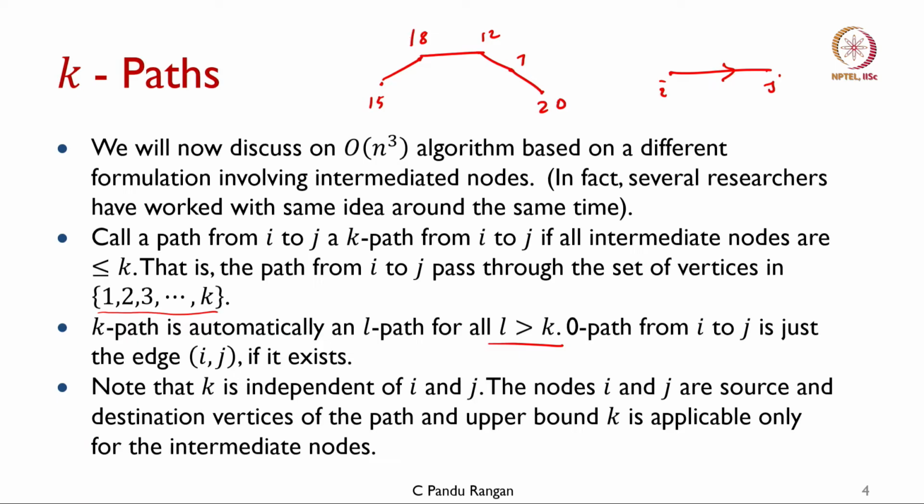It is an 18 path because all intermediate nodes are less than or equal to 18. You can see that the k value can be smaller than both endpoints, it can be larger than both, or it can be an in-between value. k is an independent value.